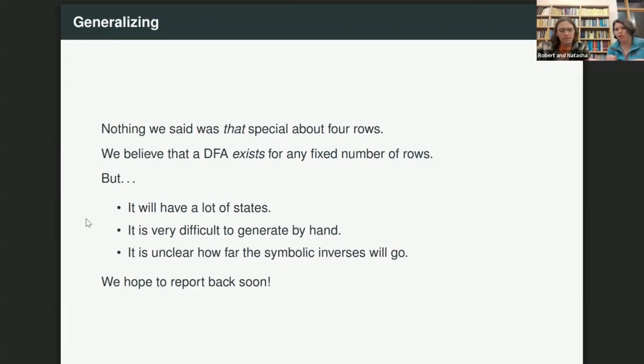In particular, we almost had 8 states, but then some of these states, and we only had 1 for 4, the 1010 state, where we had to keep track of, are the 1s connected, are the 0s connected, which of this do we need to fix? And as soon as you have more rows, you have more ways to have disconnected 0s and 1s that you need to keep track of.